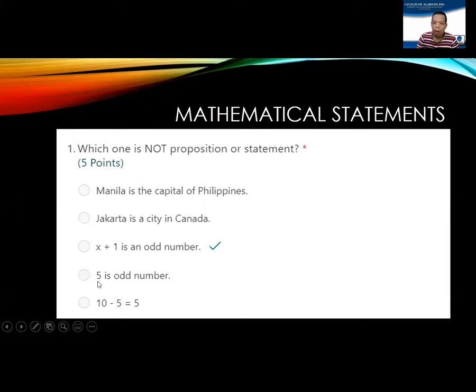Choice number 4, 5 is an odd number. This is again a true proposition. Then another choice is 10 minus 5 is equal to 5. Again, this is a true proposition. So for this question, the correct answer is x plus 1 is an odd number. This is not a proposition.